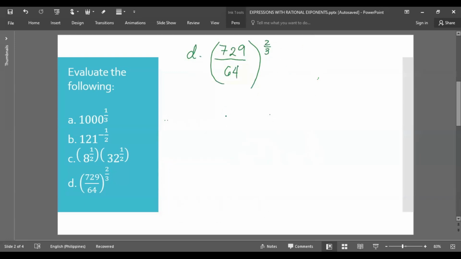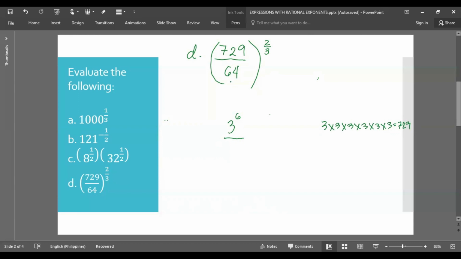Let's have letter D. So 729 can also be expressed as 3 raised to 6 because 3 times 3 times 3 times 3 times 3 times 3 is equal to 729.